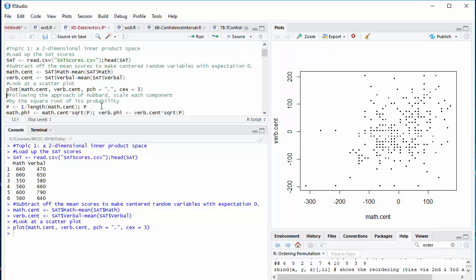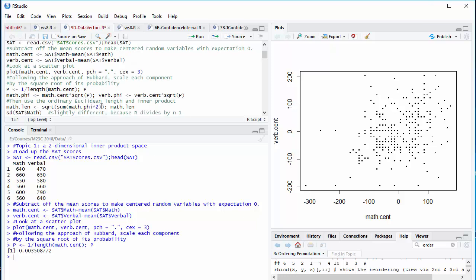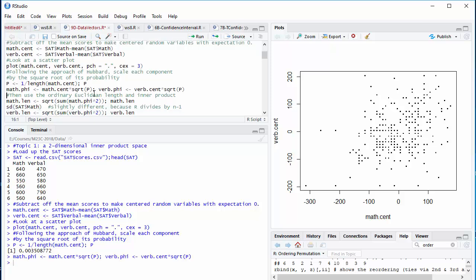So I take 1 over the length of one of these centered vectors, and I make a new data vector. The Hubbards represent it by a capital phi, so I'm going to call it math.phi, and I'm going to get that by multiplying each component by the square root of the probability, both for math scores and verbal scores.